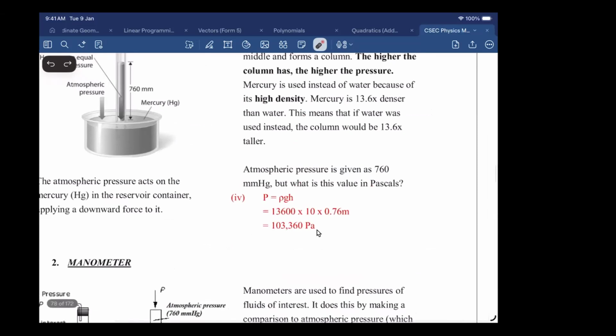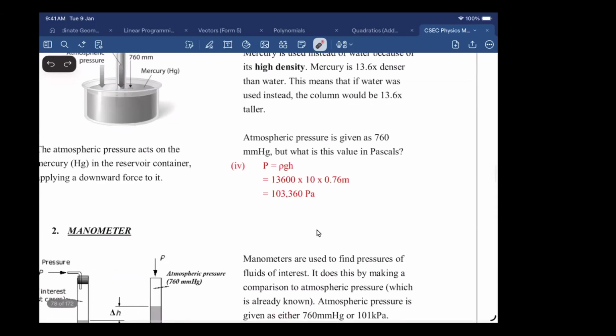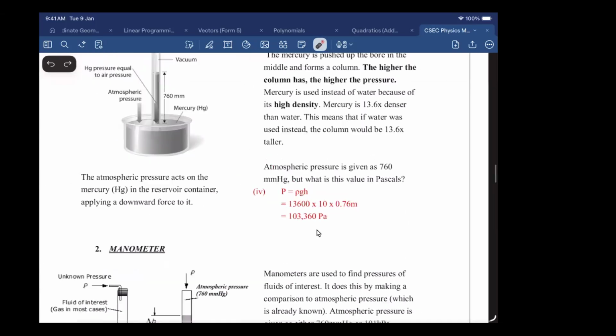Yes, sir. Right. So atmospheric pressure is given as 760 millimeters Hg. But what is its value in pascals? Let me see. So pressure is equal to density times gravity times height. We know that the density is 13,600. We know that the gravity is 10 and the height is 0.76.